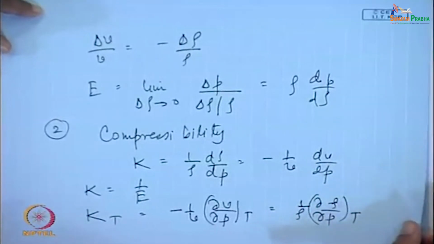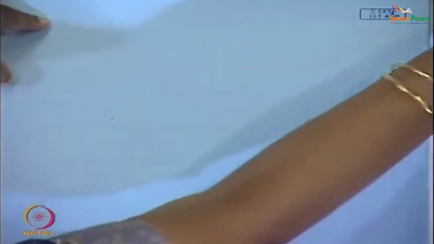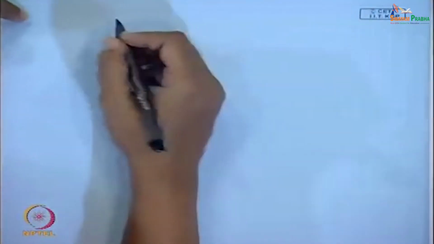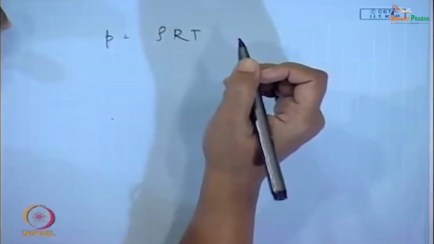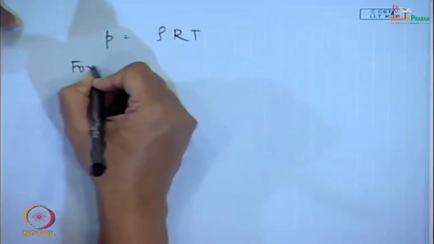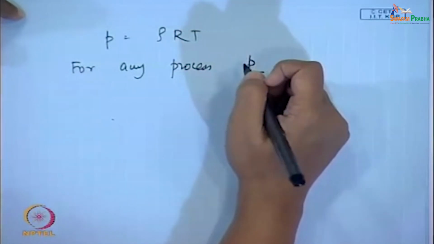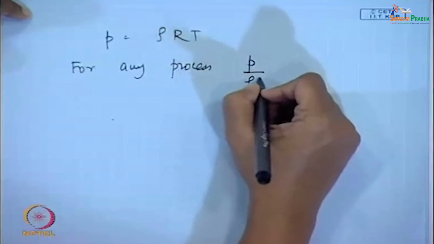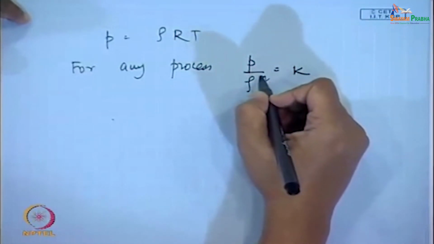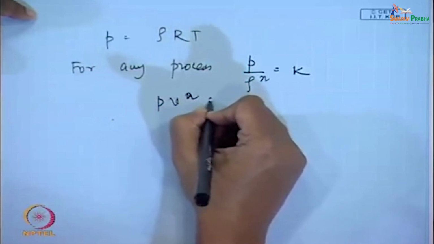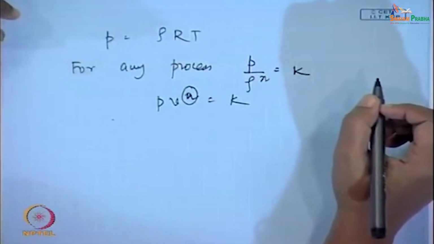And so, from here we find that for real gases which are far removed from their liquid states, usually the ideal gas equation is quite valid, for which we can write P equals rho R T. We also know that whenever the gas undergoes any particular process, we can describe the process in terms of P v to the power n equals a constant k, where the value of n depends upon the process that we adopt.